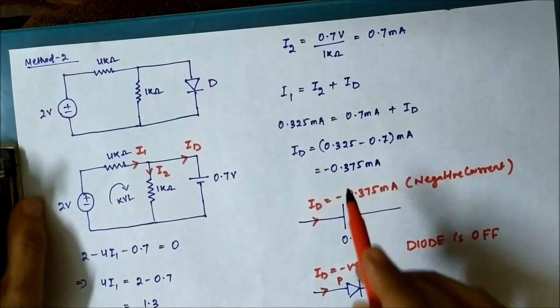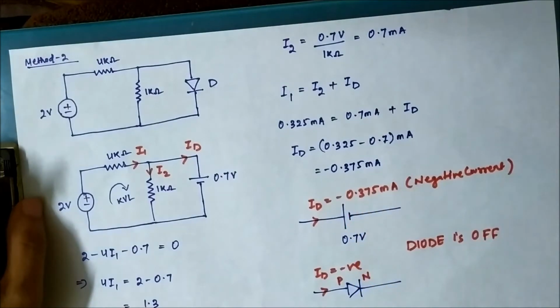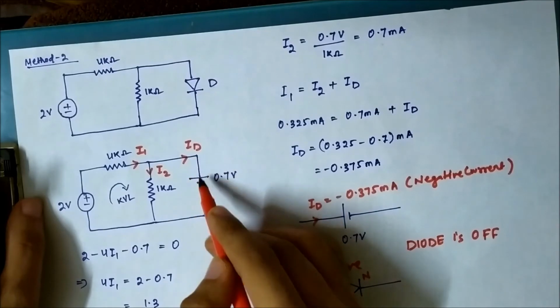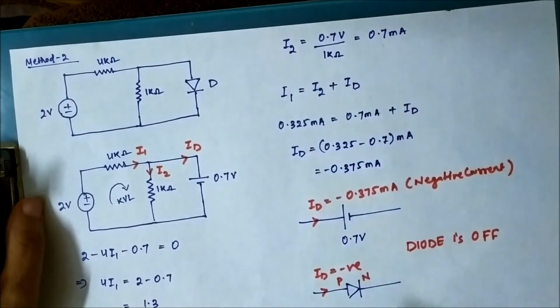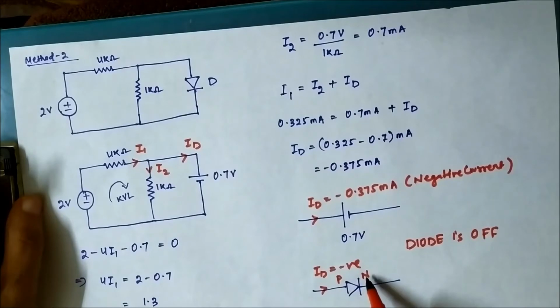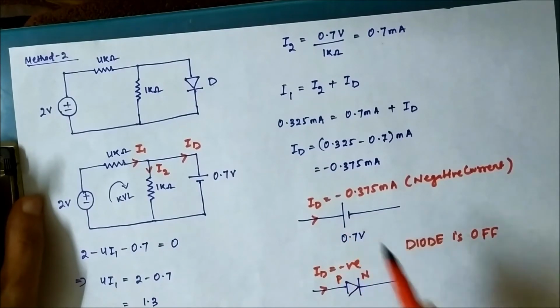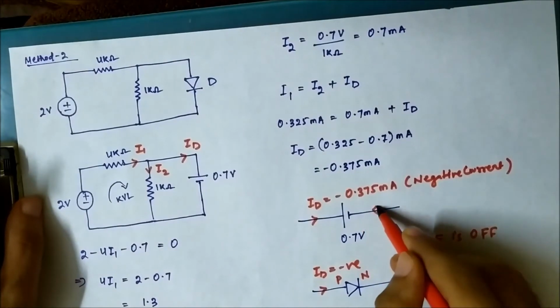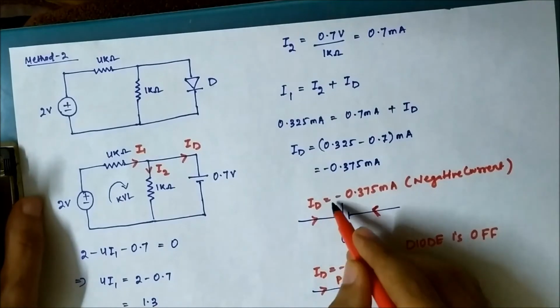If this diode current would have been plus 0.375 milliampere, then we could have said that this diode is forward biased, it is on. So here our assumption that this diode is on is wrong, because the current flowing through the diode from P to N is coming negative. So the actual current direction is the opposite, because it is negative.